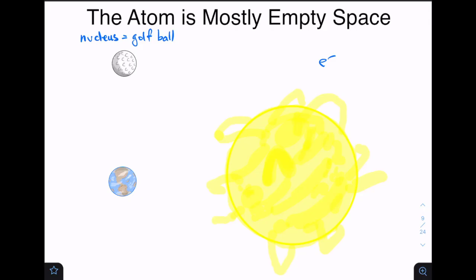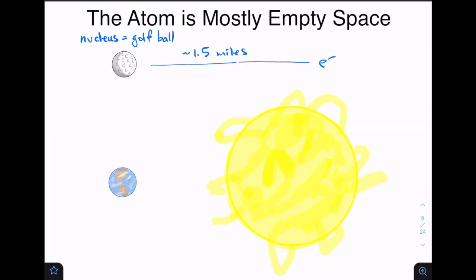Relatively speaking, if the nucleus was the size of a golf ball, how far away do you suppose that electron is? A couple light years? Okay, that's a little too far. Bring it in just a little bit. All right, it's about 1.5 miles away, the relative distance between the nucleus and the closest electron if the nucleus was as large as a golf ball.